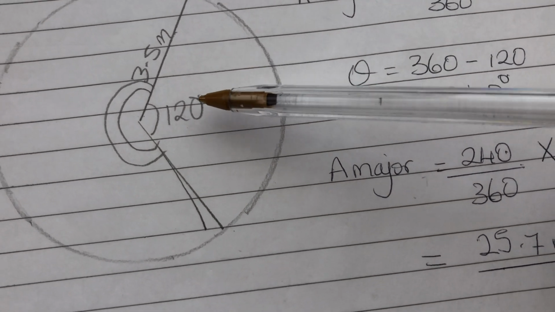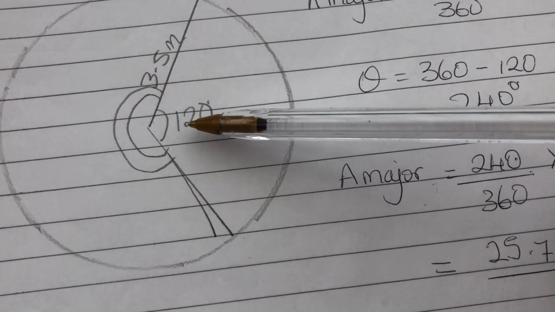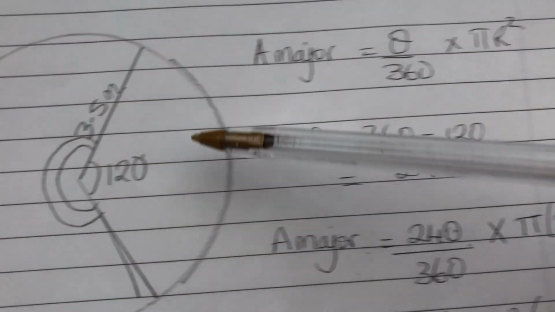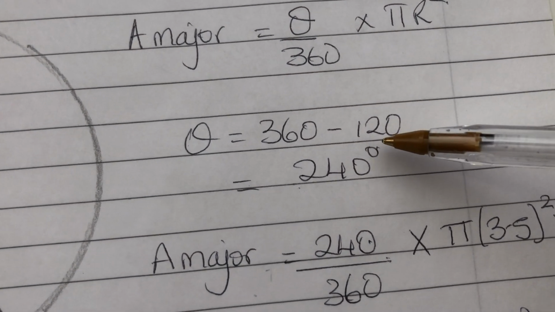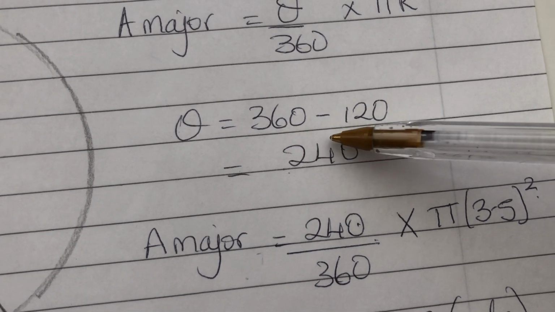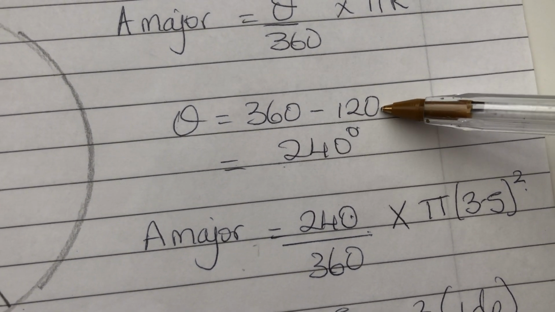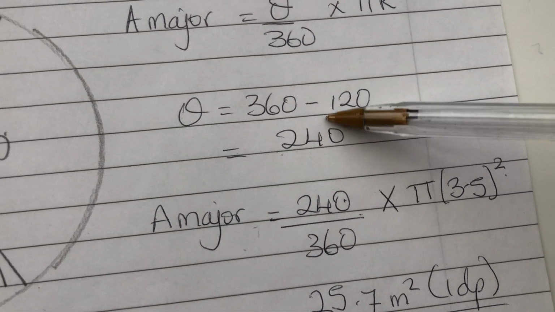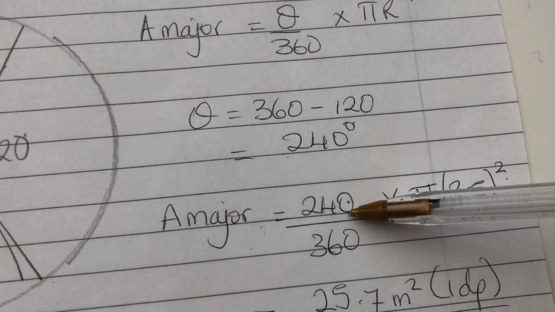Now, we are finding the area. So now we need to take 120 from 360 again. So 360 minus 120 is 240. So our theta here is 240.